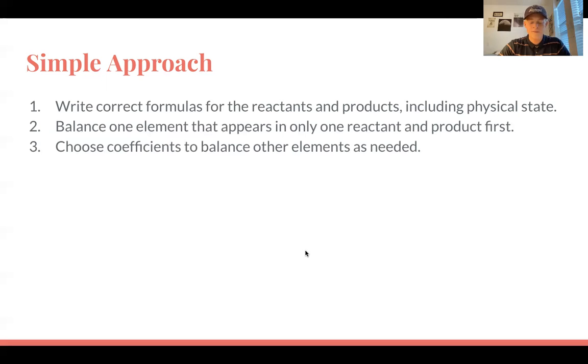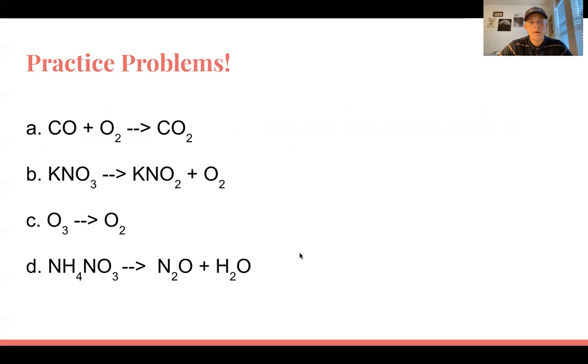So that might have been confusing, but like I said, we're going to get into some practice problems just to make that a little bit more tangible and clear in your heads. All right, so here are the practice problems. I'm going to let you take that 3-step plan to balance out a chemical equation, take the knowledge I just gave you, and look to solve these 4 equations.